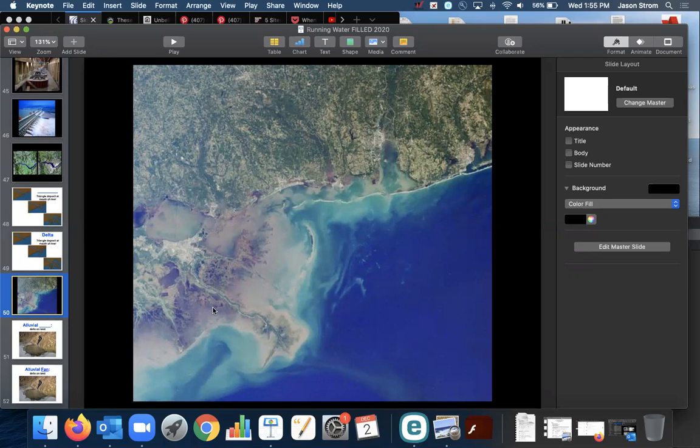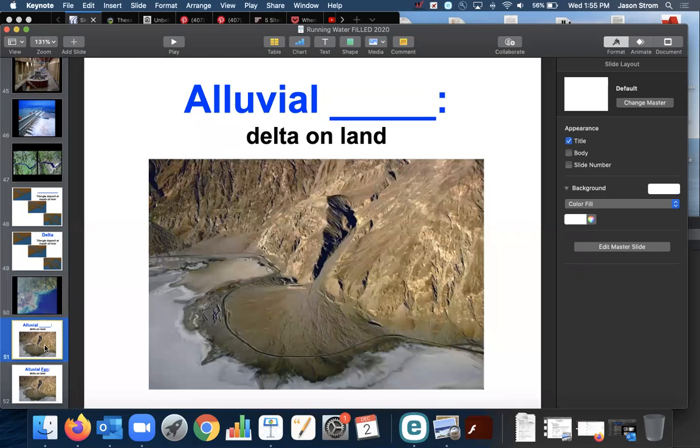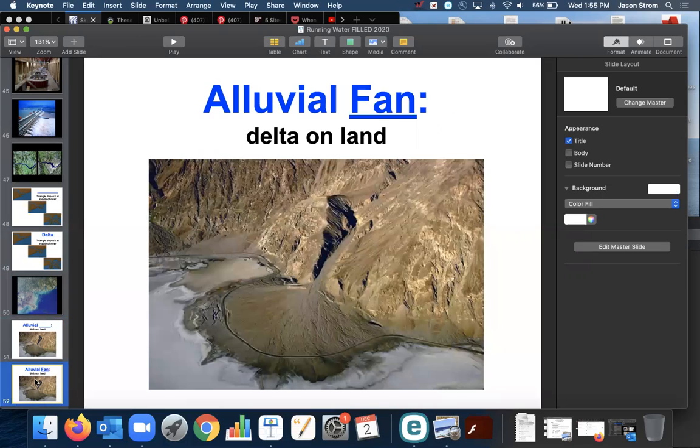And then the last one is something called an alluvial fan. So it's the same concept as a delta, except it's on land and there isn't always water there. So alluvial just refers to the fact that water doesn't always run there. Like you could have an alluvial stream or an alluvial river, which only flows when it rains.